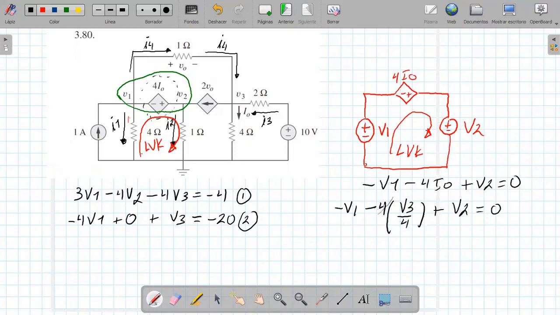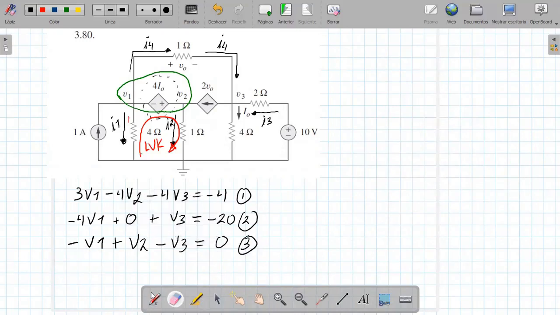With this, in the end I am left with the equation minus V1. I'm going to put V2 first to coincide here, plus V2, and V3, which is negative, would be minus V3. All of that is going to be equal to 0. This would be my third equation.